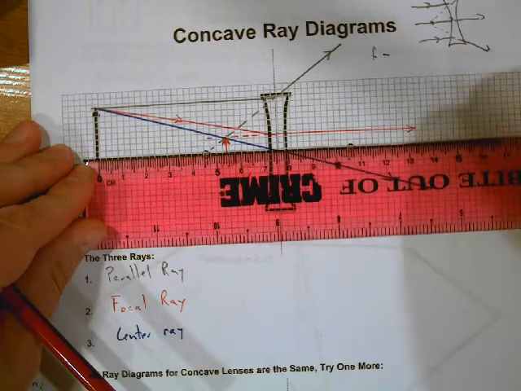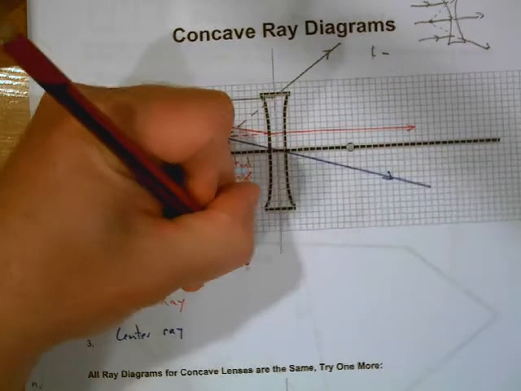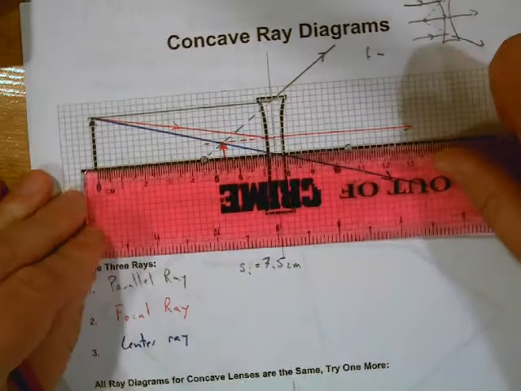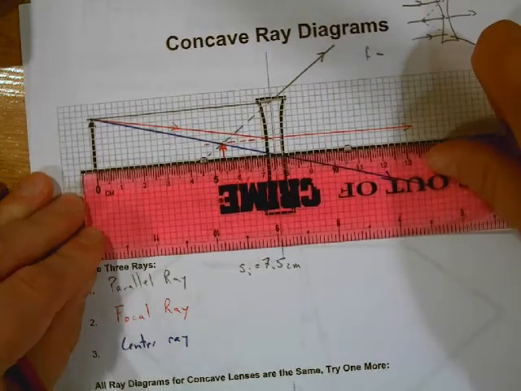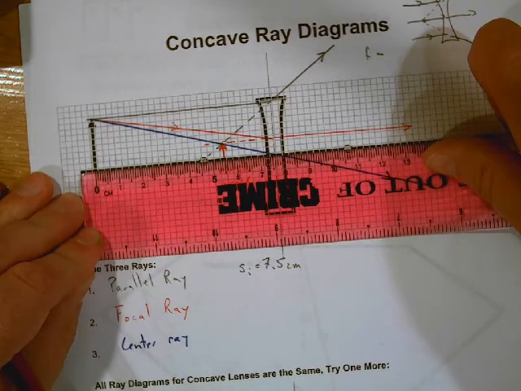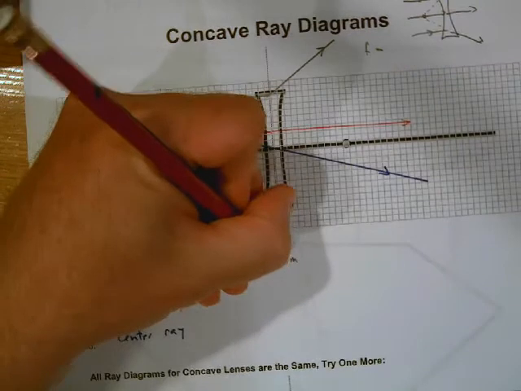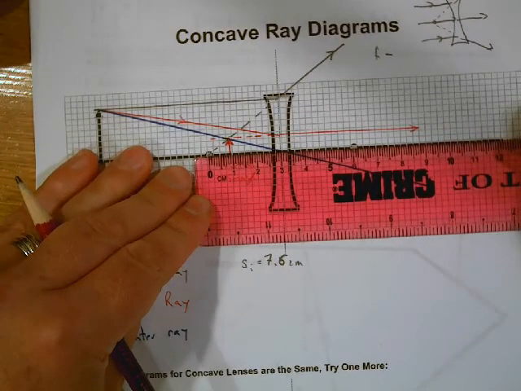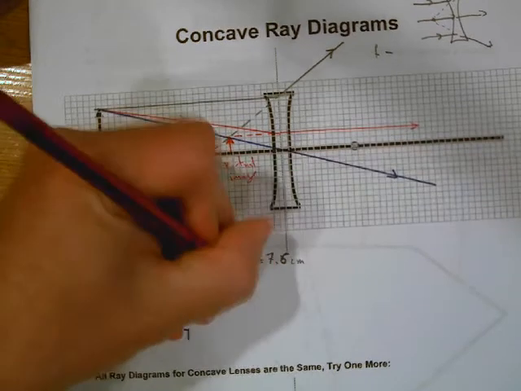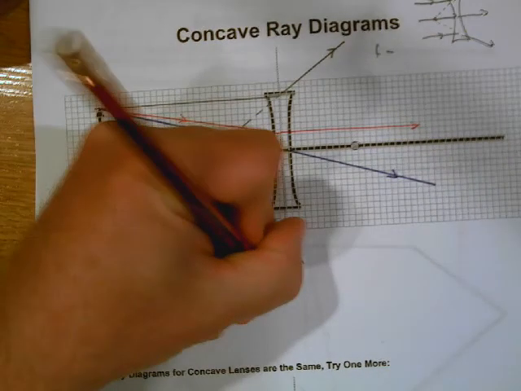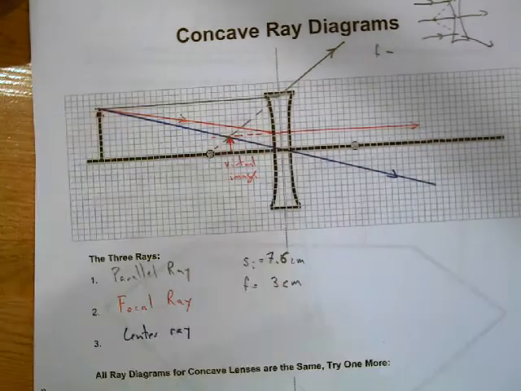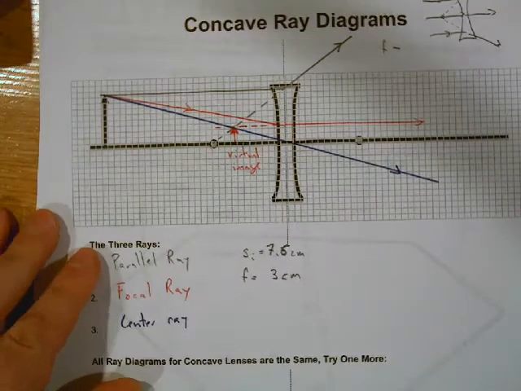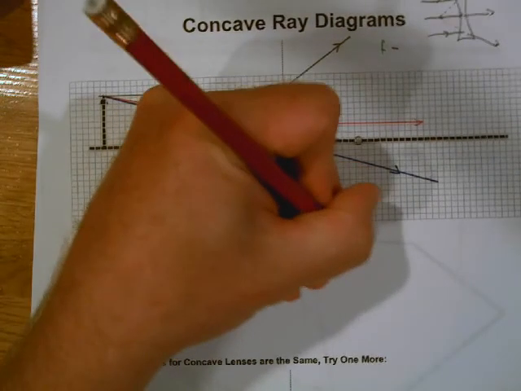My SO in centimeters is 7.6 centimeters. That's way nicer than trying to count boxes. My F, if I measure to the center, looks like it's 3 centimeters. Did anybody catch my mistake yet? All right, well, if you didn't, that's okay. We'll find it in a minute.